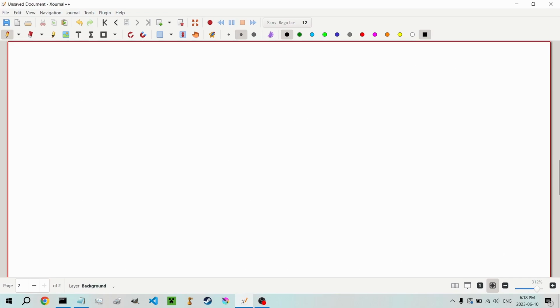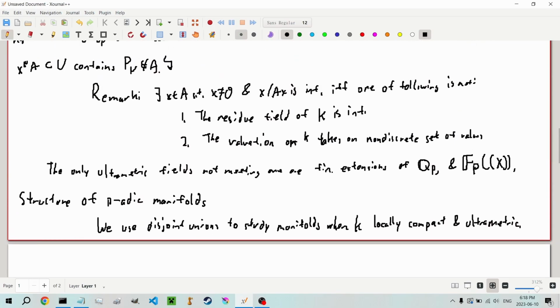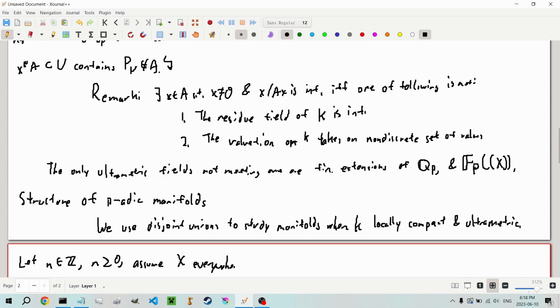We're going to do a bit of setup where we're going to pick an integer n, which is going to be non-negative, and we assume that X is everywhere of dimension n.